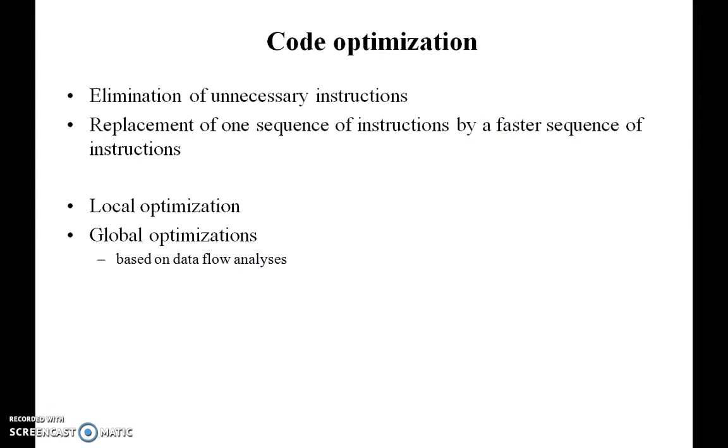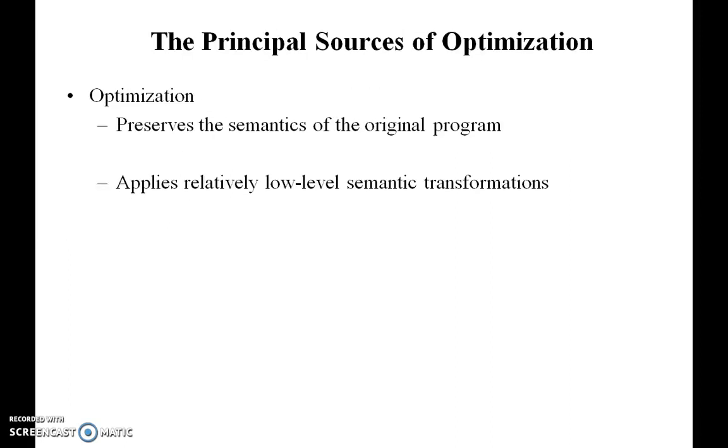There are two types of code optimizations here, that is local optimization and global optimization. What are the main principal sources of optimization we have inside the compiler? The main purpose of this optimization is it will reduce the complexity of the program, and it also improves the efficiency of the compiler through the effective optimizations.